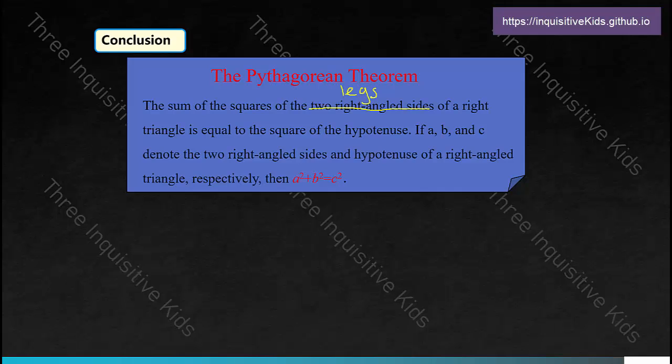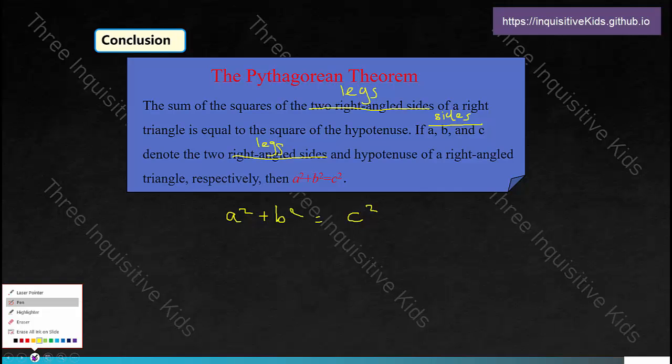If A, B, and C, these are sides, denote the two legs and hypotenuse of a right angle triangle, respectively, then A squared plus B squared equals C squared. And this is where C is a hypotenuse and A and B are going to be the legs.